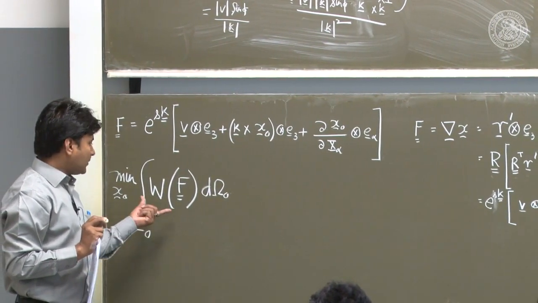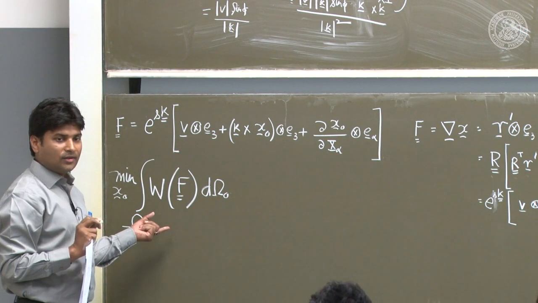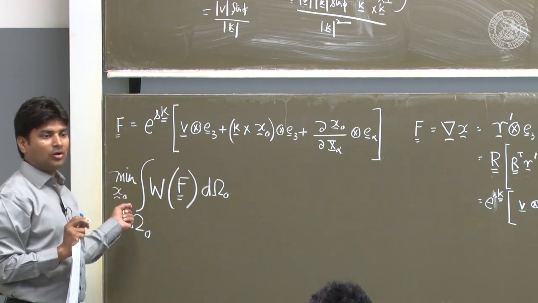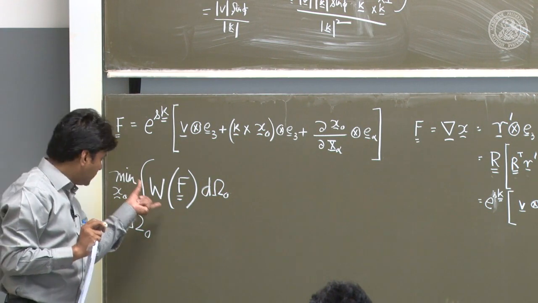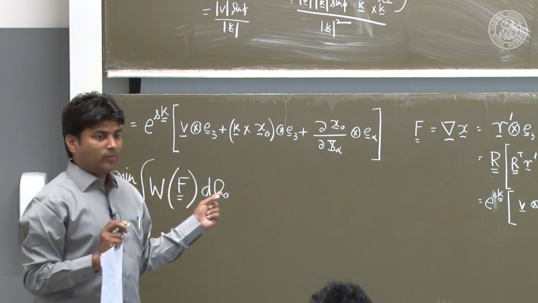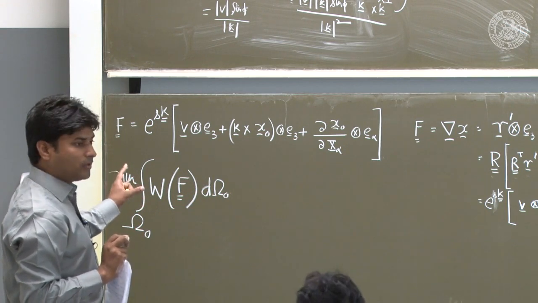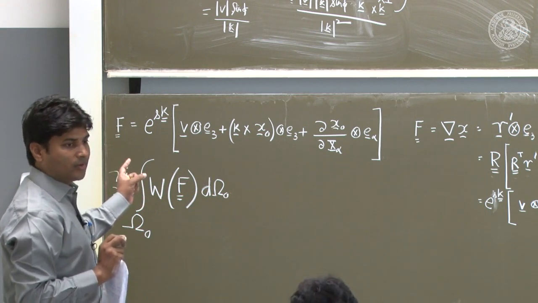And so you have to then minimize this for all possible little x naught and find out the little x naught which minimizes its energy. But when you do this, there will be some problem.